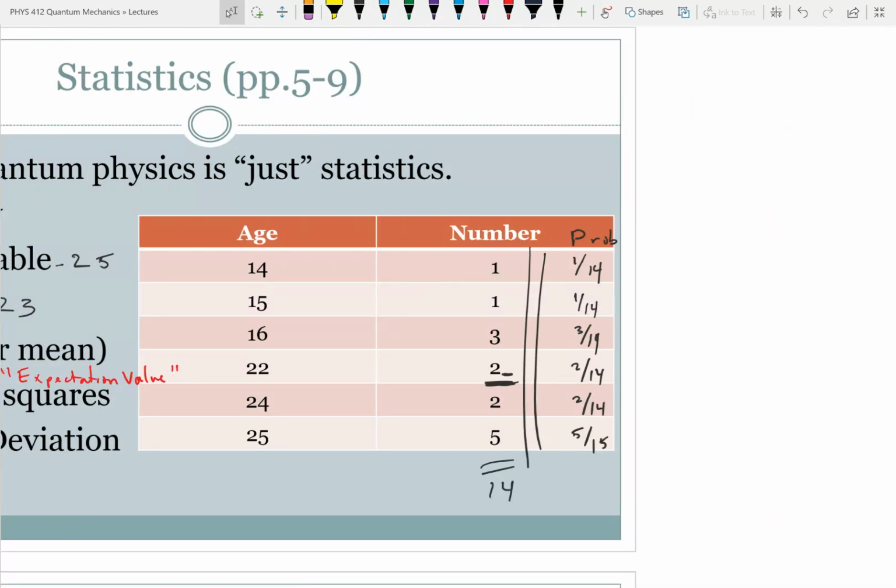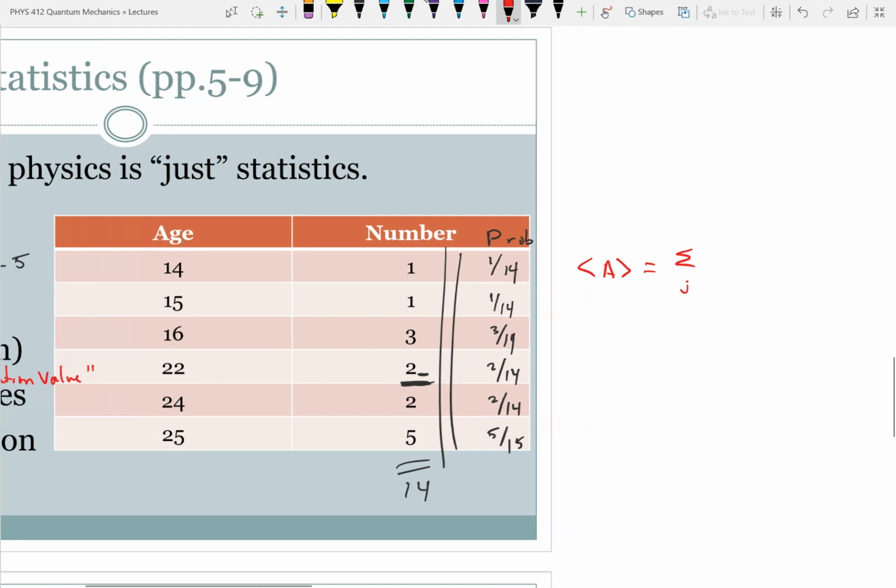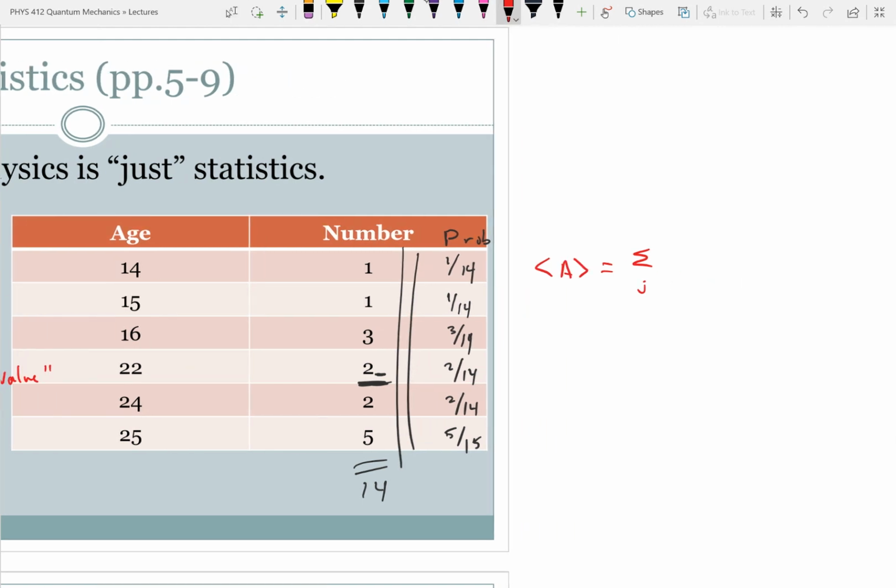And we can find the expectation value, or the average or mean, by taking the sum over all possible ages. So I'm going to use J for each age, of the probability of that age multiplied by the age. I'll put a parenthesis instead of a dot there. And then I need to divide it by the sum of the probabilities.